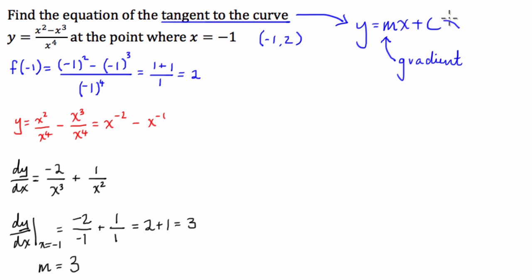And this is going to be our y-intercept. Now, we've found the gradient, which we can just plug straight into this formula. So we're going to have y is equal to 3x plus c.